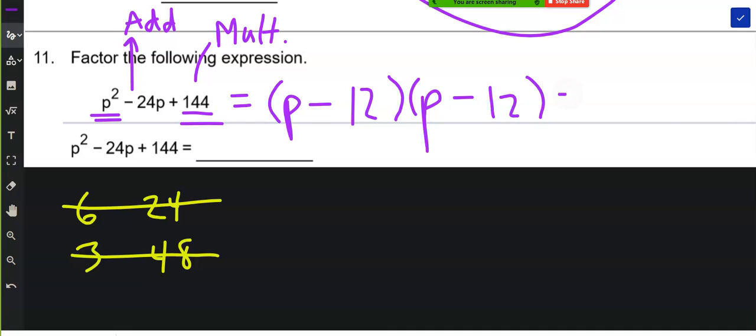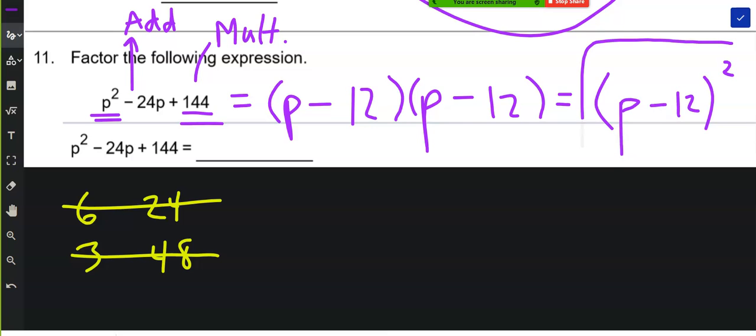In the world of math, how do we show that we want to multiply something times itself? We use a square. So I would be looking for you to write this.